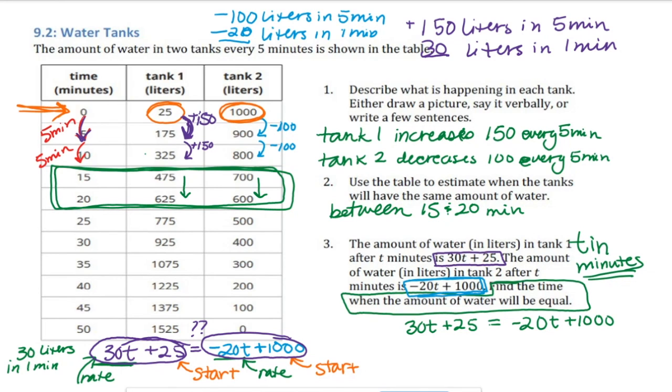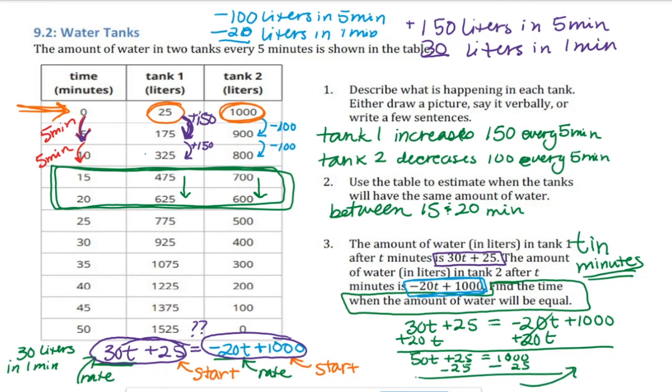So we're going to start solving. I'm going to add 20t to both sides. I'm left with 1,000 on the right. Subtract 25 from both sides.